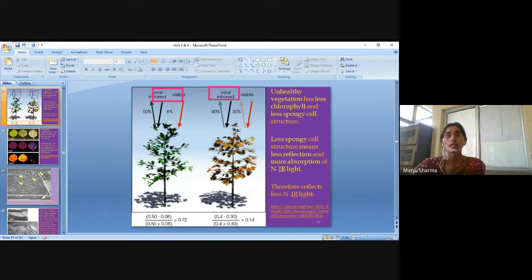So here, unhealthy vegetation has less chlorophyll and less spongy cell structure. Less spongy cell structure means less reflection and more absorption of IR light, and therefore it reflects less NIR light.